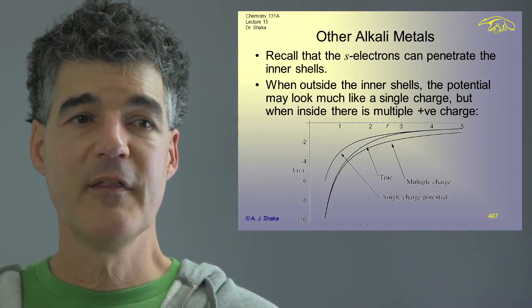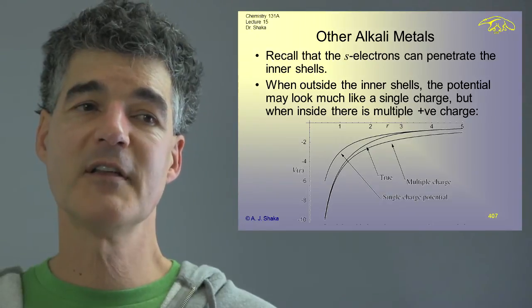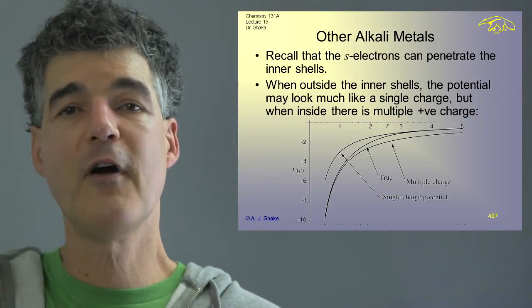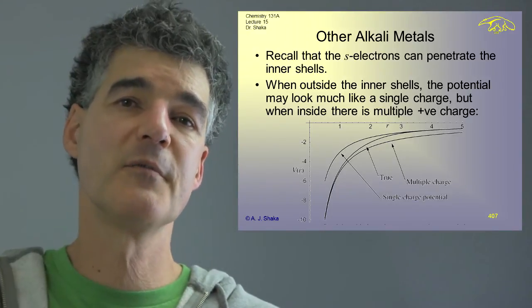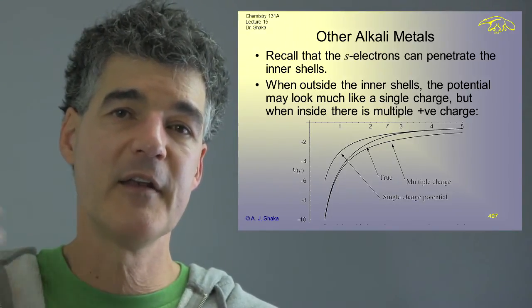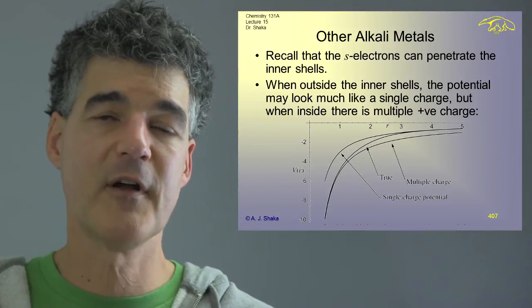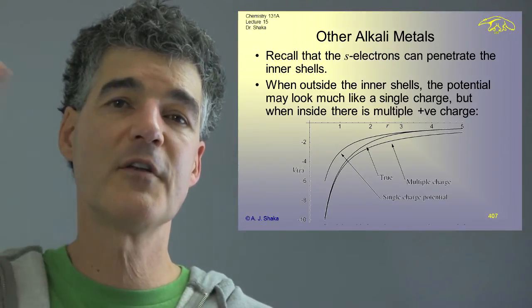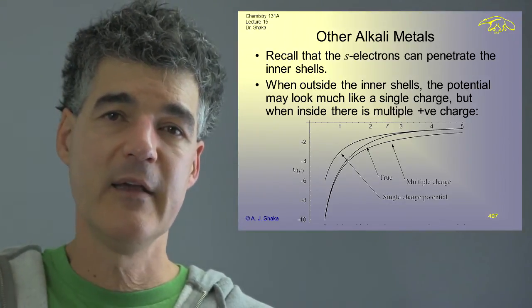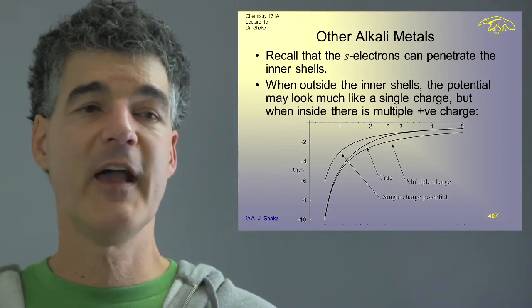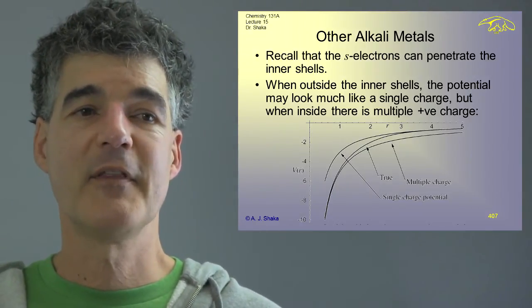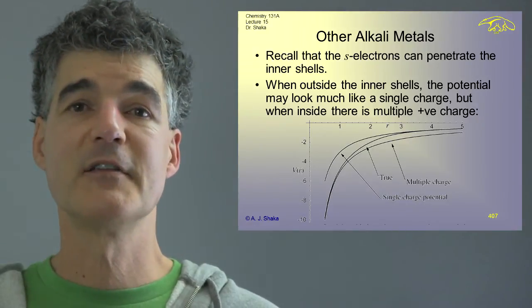The true potential has to look like the single potential far out, but it has to look like the multiple charged one as you bury in and you're inside all the other electrons. So it has to interpolate between the two curves that we've got, and in fact that's exactly what that formula basically does for us.